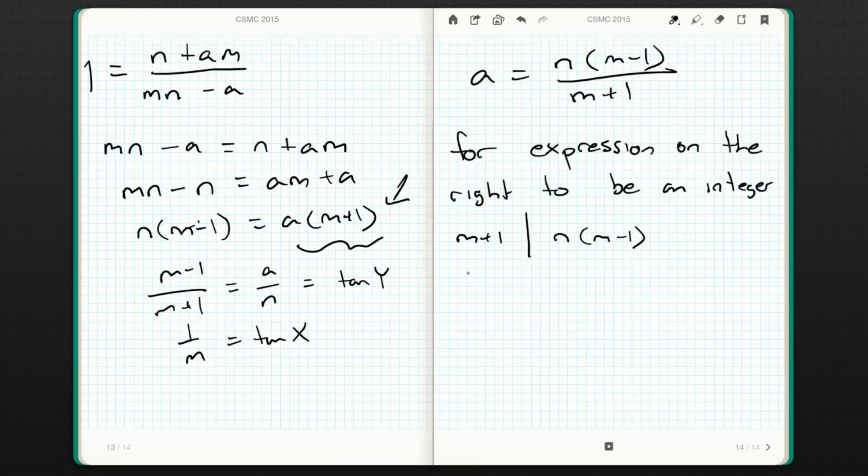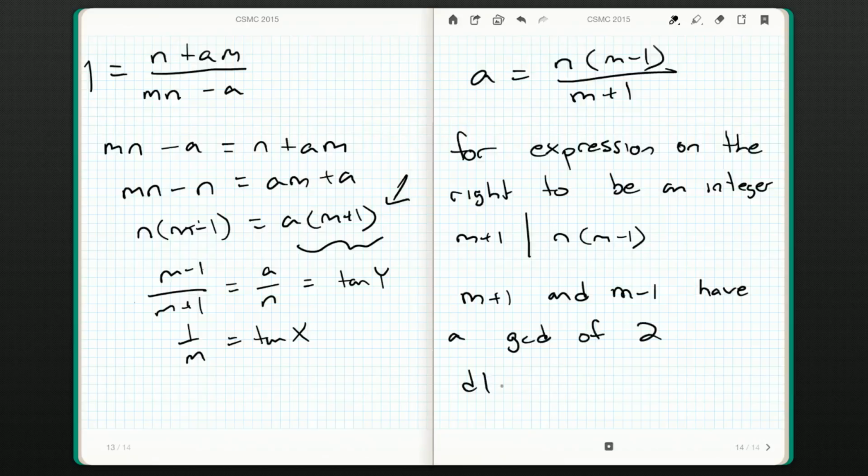And I think m plus 1 and m minus 1, sorry, m minus 1, not n minus 1, at best they have a GCD of 2, a greatest common divisor of 2. They differ by 2.